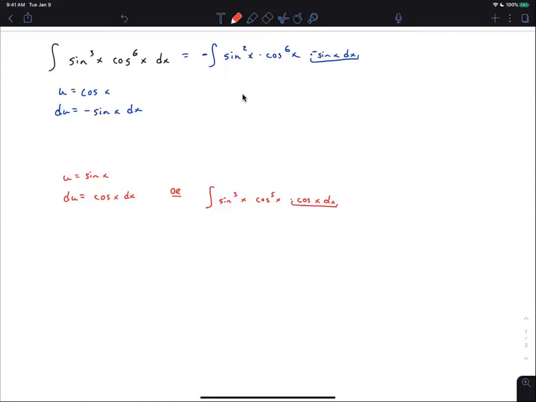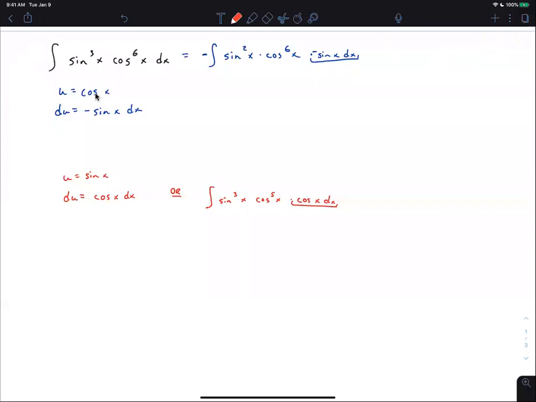And now in both approaches, we need to rewrite everything except for the du. So we need to rewrite everything other than the du in terms of whatever u is. What that means is that that's easy when the other trig function has an even power at this stage.